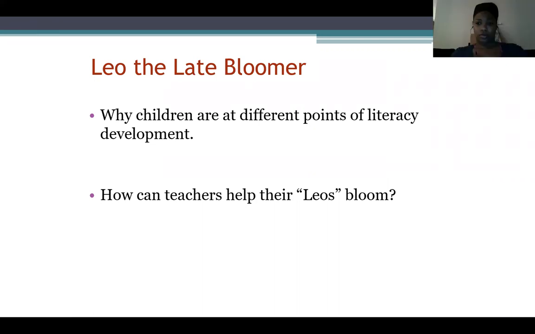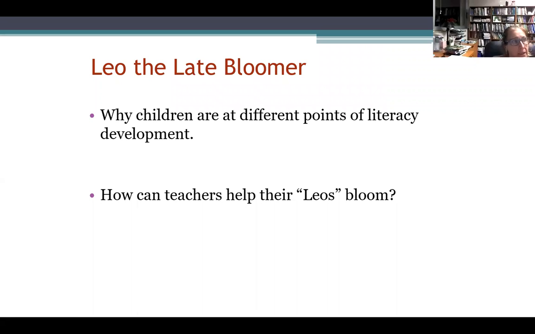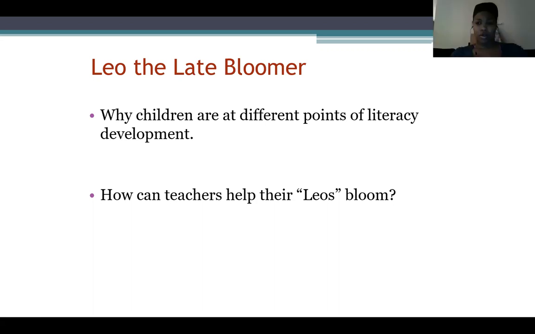Remember, this part of development usually begins prior to entering school. So what can teachers do to help Leo bloom? Any idea? Think about it.